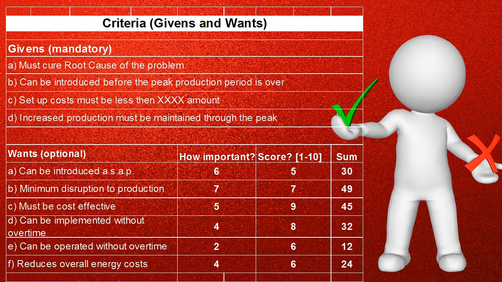Givens are the mandatory requirements and wants are optional. You can rank the idea or your action in terms of these criteria. The action which has the best rating can be finally selected as the permanent corrective action for the root cause.